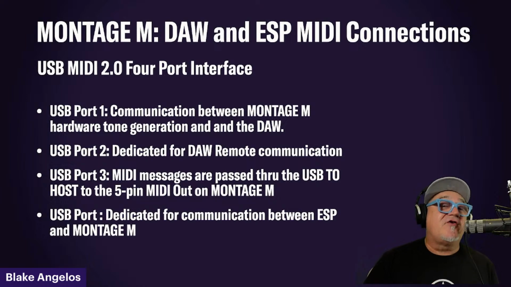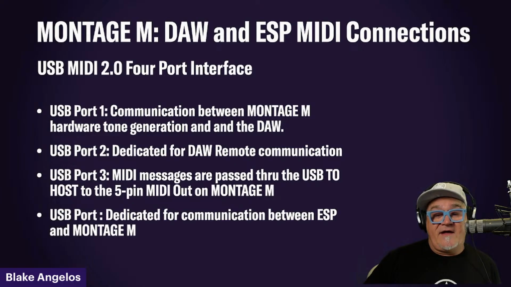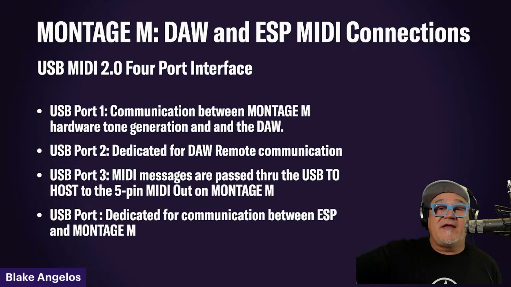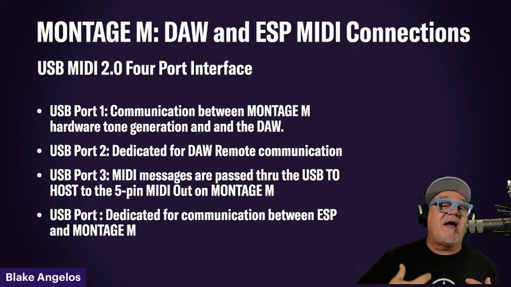Port 3 is a cool one. Let's say I have something like a cool FS1R. I guess that was from the early aughts when we released that, maybe late 90s. It was the cool FM tone generator that we had that had some really cool formant shaping sounds. But that's a MIDI 1.0 thing, right? I want to bring that into my montage.